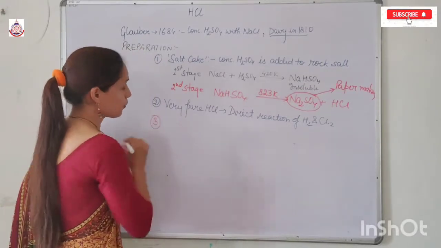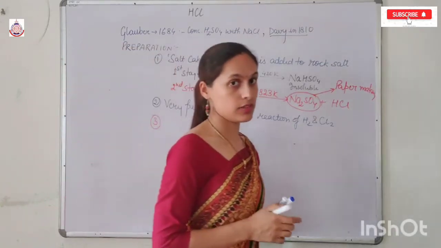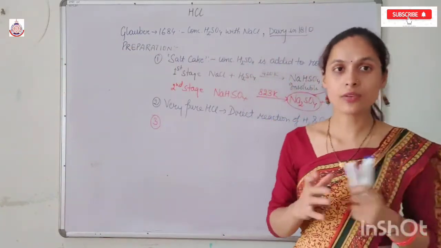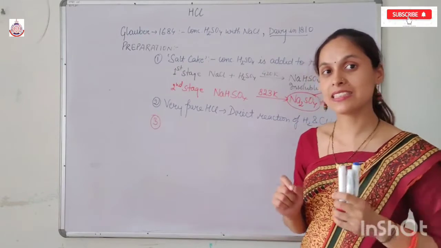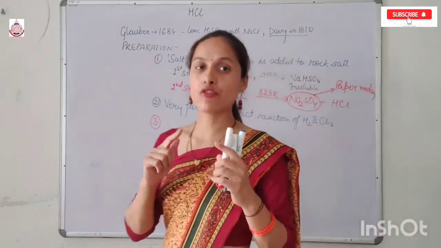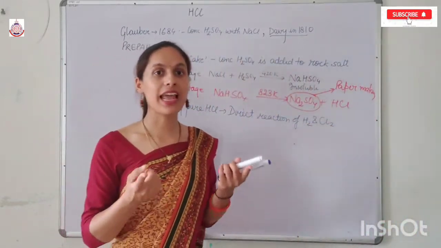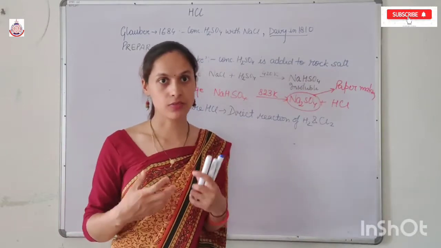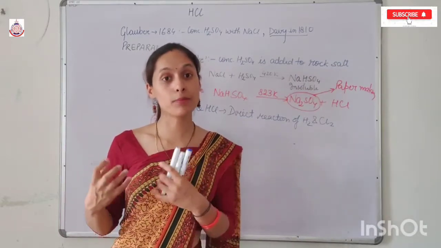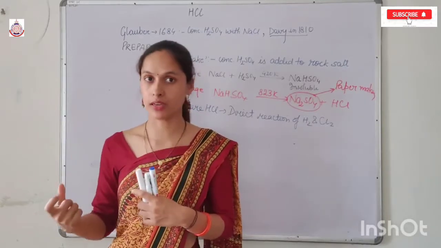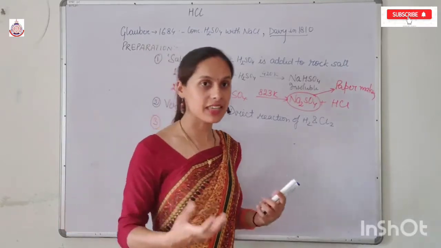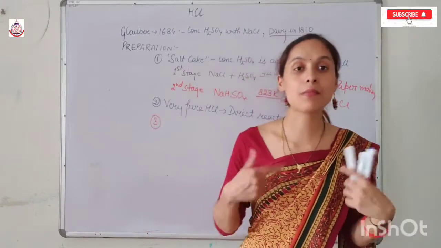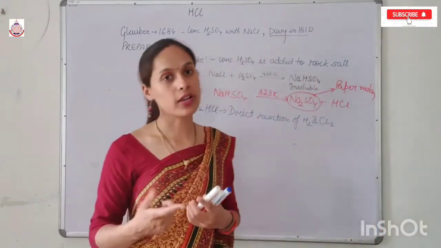Third, we get a large amount of HCl, but that HCl is in impure form, and we get that impure HCl as a byproduct from large organic industries. We are not preparing HCl, but we are getting HCl as a byproduct from the large organic industries.